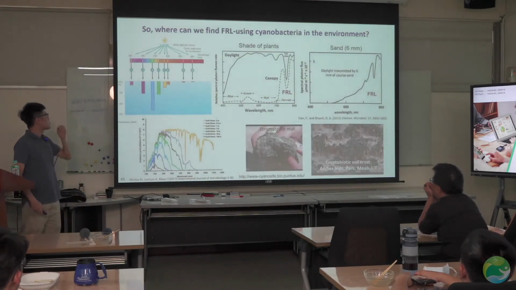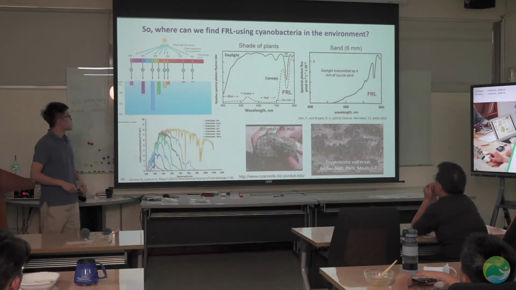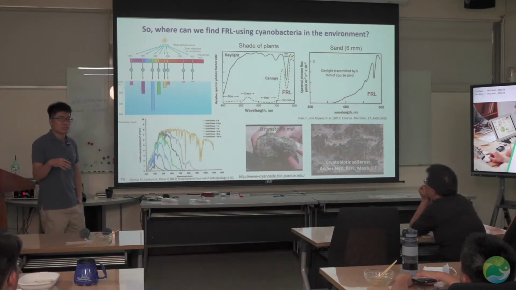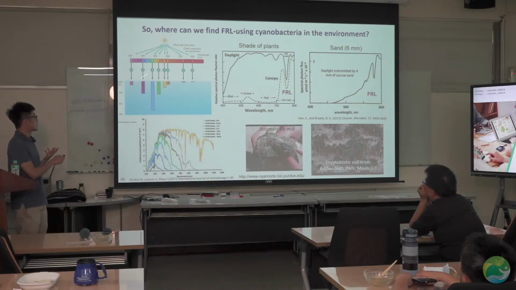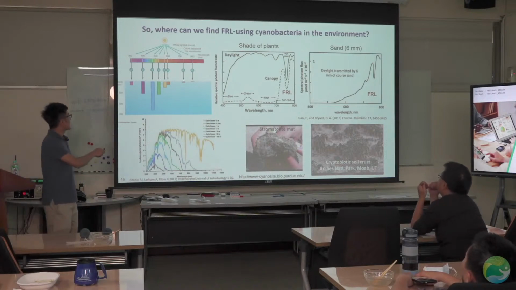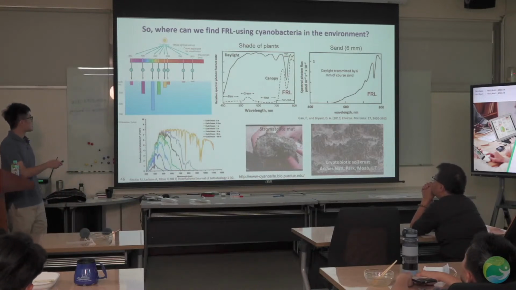So in the environment, where can we exactly find those far-red light-using cyanobacteria? Talking about cyanobacteria, the first impression is that they live in water, like the oceans or in a freshwater lake. But far-red light is actually not very penetrative into water bodies.